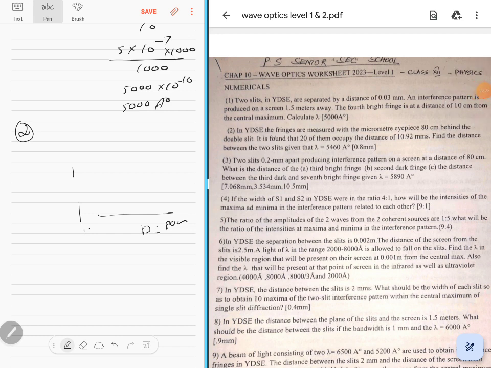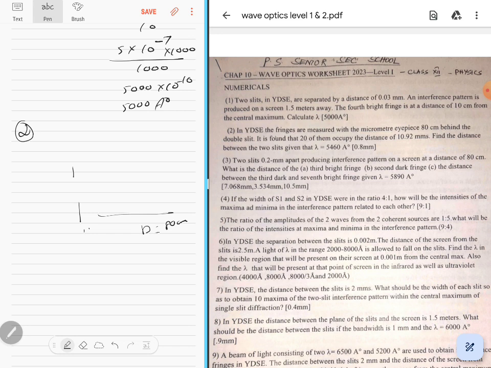So now continuing with the sum, in Young's double slit experiment, fringes are measured with a micrometer eyepiece 80 centimeter, which means the capital D is 80 centimeter.